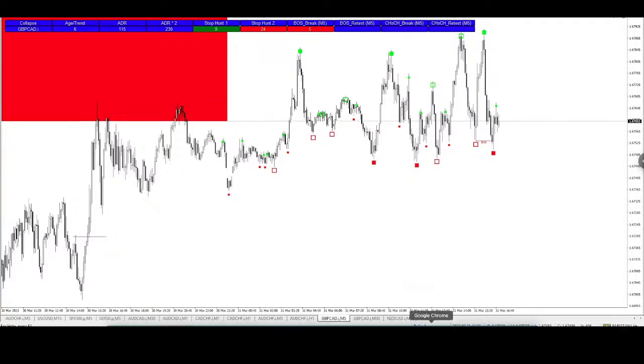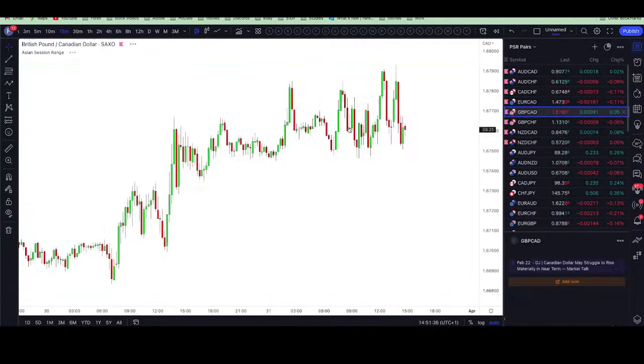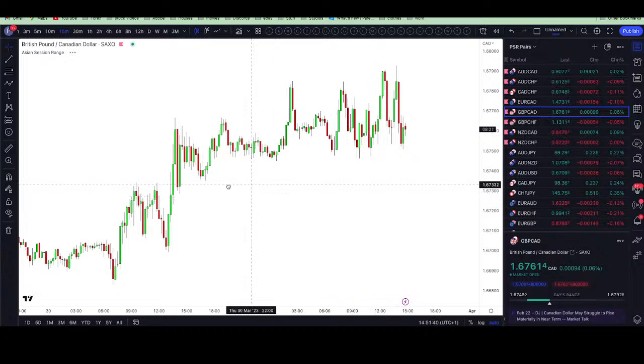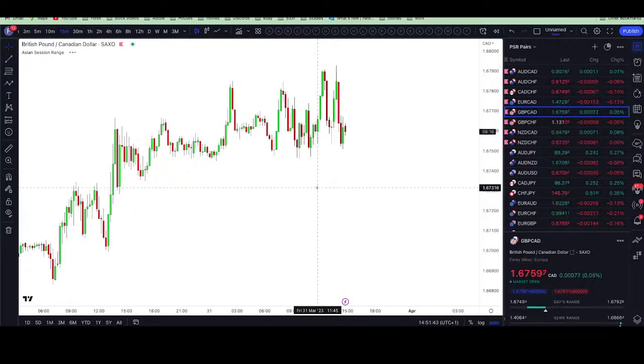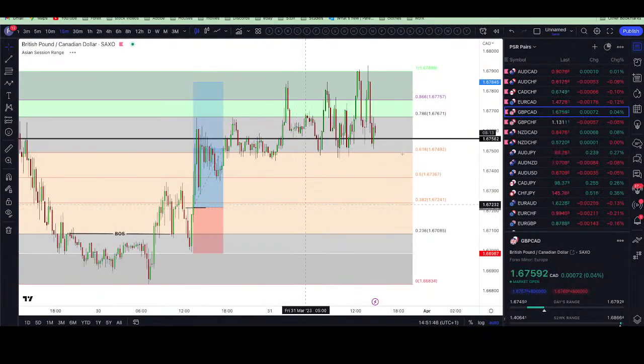Let's go see where it is on the fib actually. Yeah, so this hasn't pulled back enough yet, so it might still pull back some more before we could get a possible entry on this trade. So still on the 618, we need it to go down to like the 382.